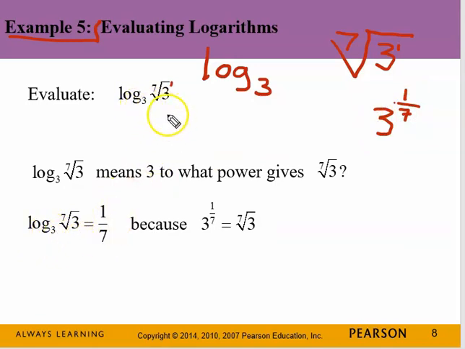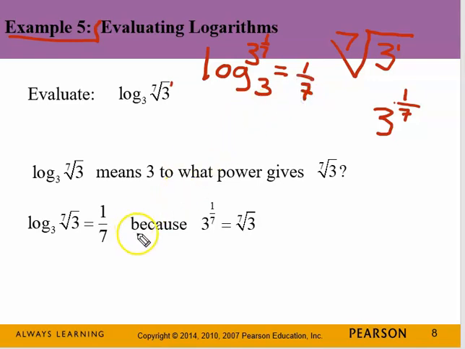So in converting, this would be log base 3, and the answer up here can now be listed as 3 to the 1/7 power. So our value then of this, the exponent, is the 1/7.